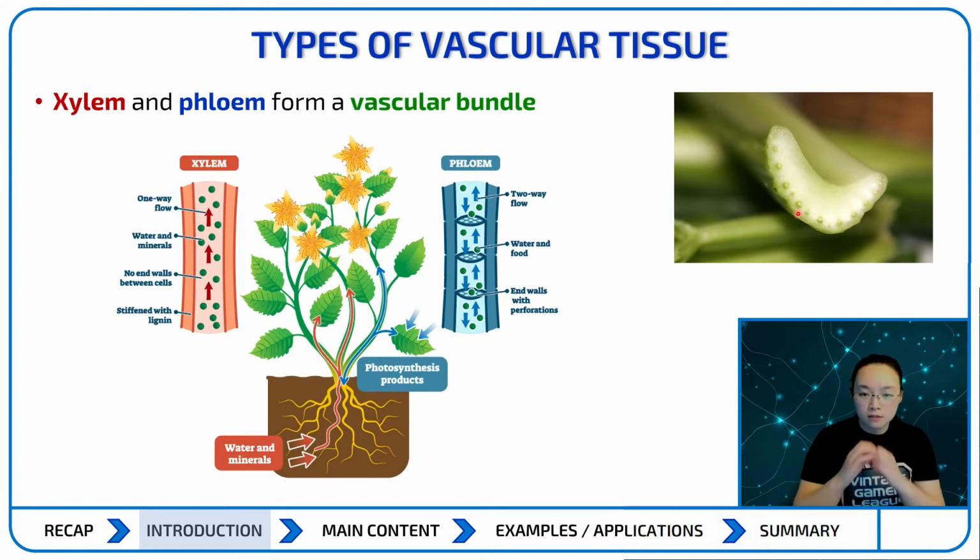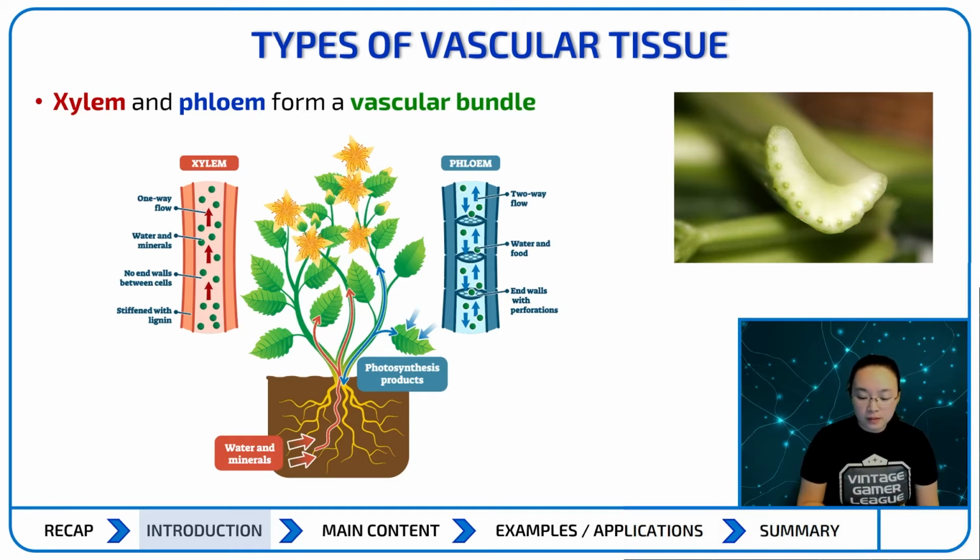And each of these little dots or tubes, those are called vascular bundles. Within each vascular bundle, there's xylem and there's phloem. So you can actually do a fun experiment where you show water transport by adding some food coloring to water and then sticking your celery stalk in it, and it should transport some of the water up and basically make all of those channels colored in whichever color you prefer.